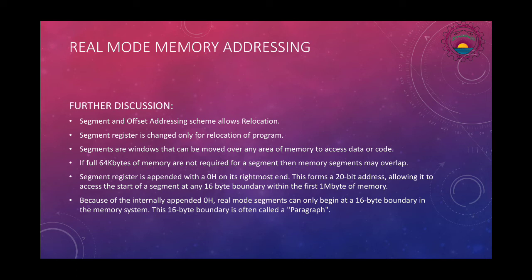So if you have a 20-bit number which has a non-zero digit on the rightmost side, that cannot be the starting address of any segment. So any starting address of a segment will have a 0 on the rightmost side, and that is because the 0 is appended by the processor, not the segment register.